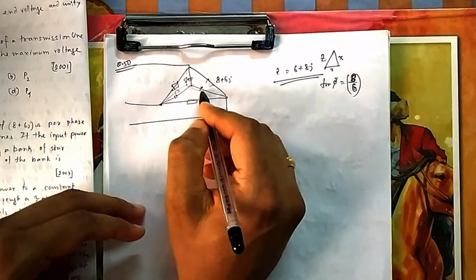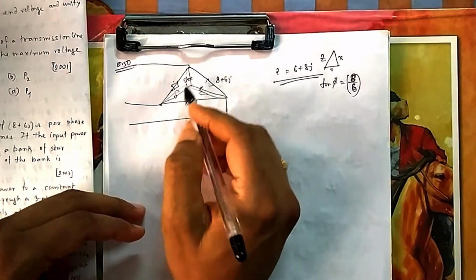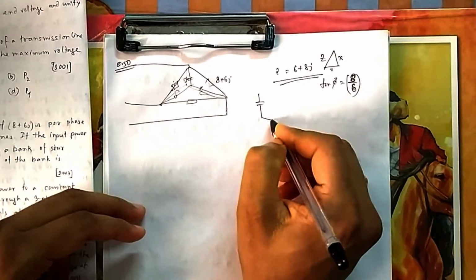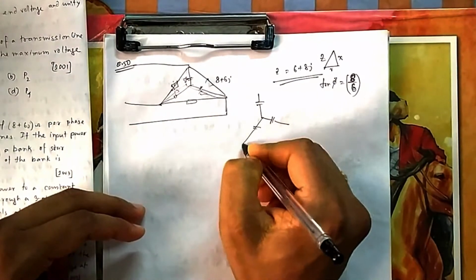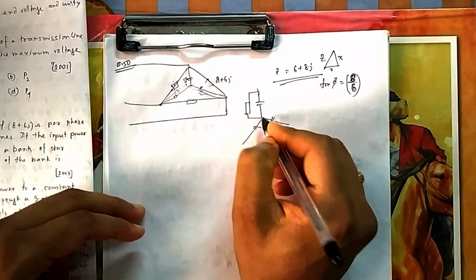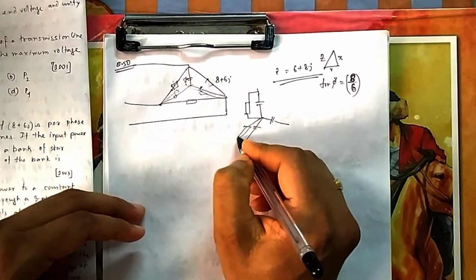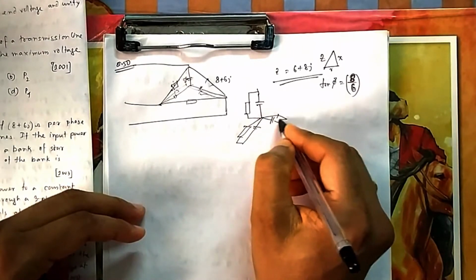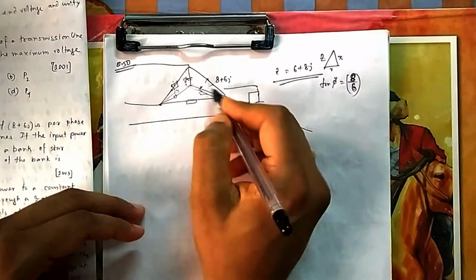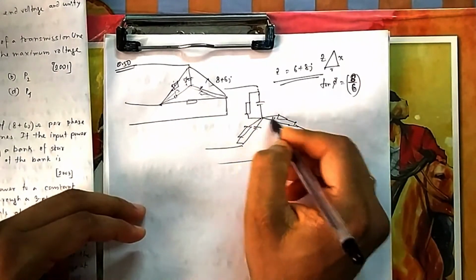Now the capacitor is there, and the loads are also coming here. This one is converted from delta to star, so they are coming in parallel with this. Now this is the picture. I am converting the outside delta also to star, so this is just forming a star.